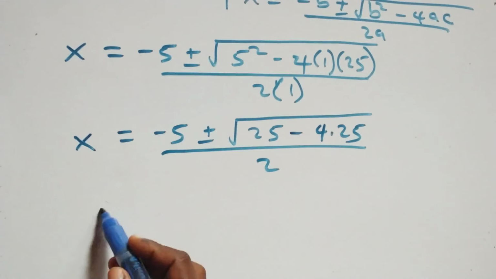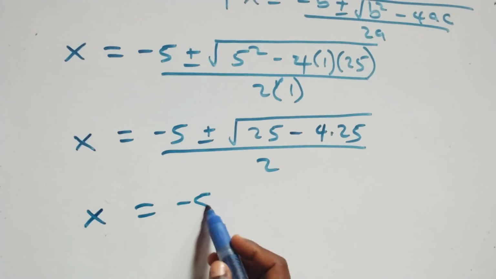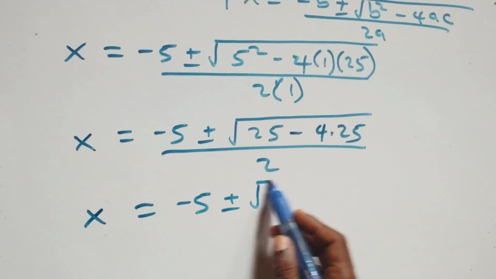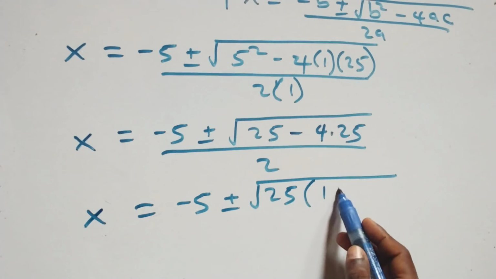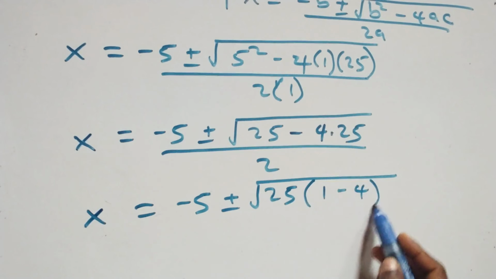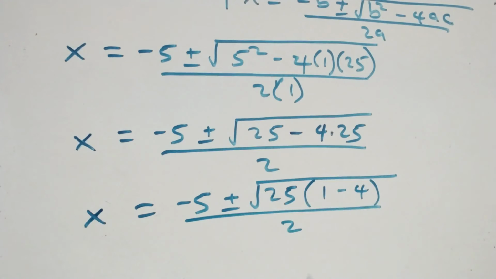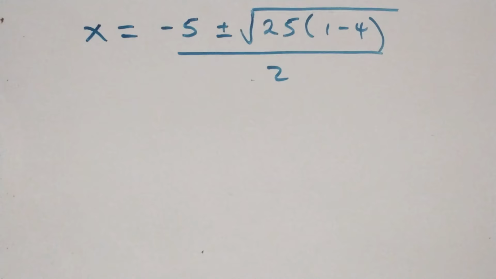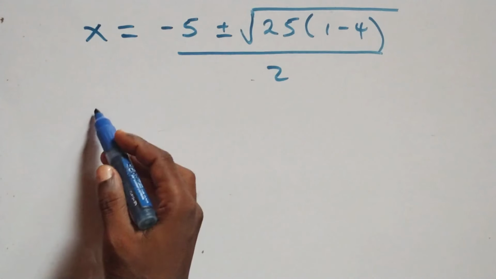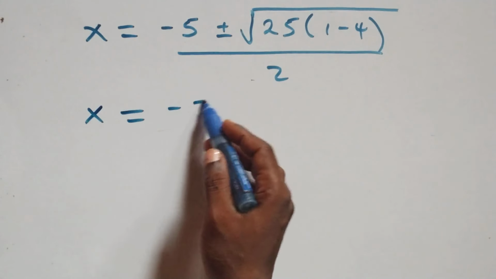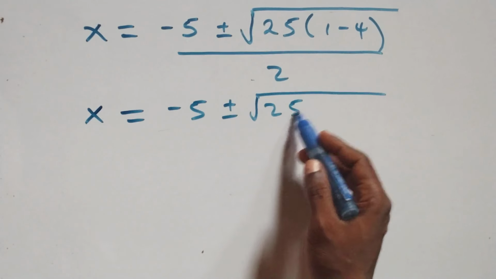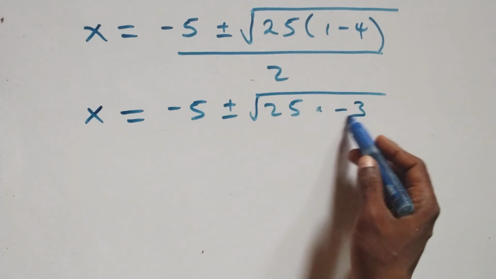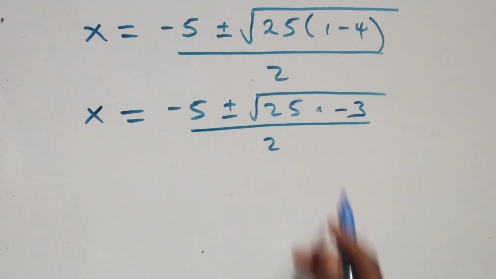Which implies we have x equals minus 5 plus or minus square root of, 25 is common here, we factor it out, so we have 25 into bracket 1 minus 4 all over 2. That is the same thing as x equals minus 5 plus or minus square root of 25 times 1 minus 4, which is minus 3, all over 2.